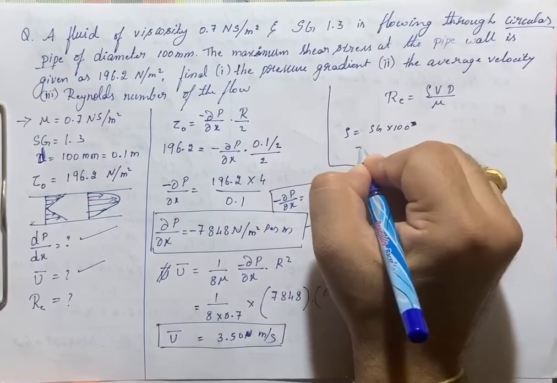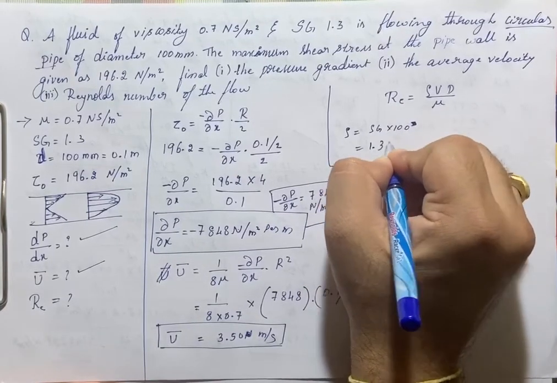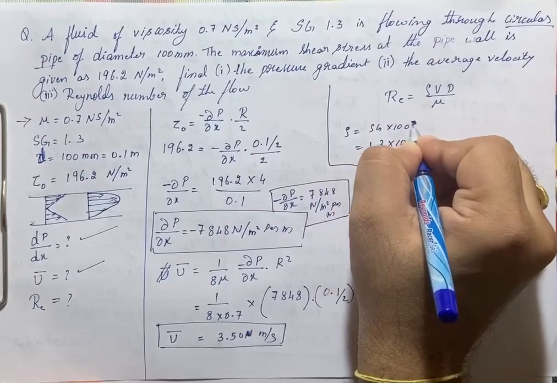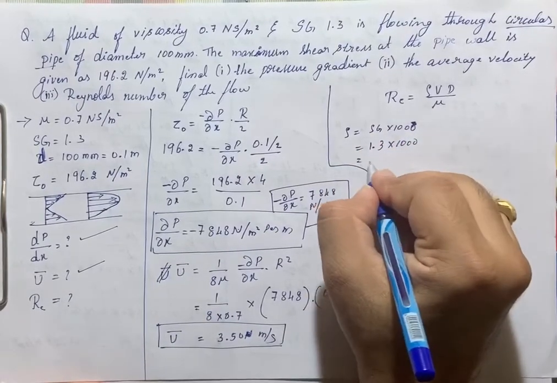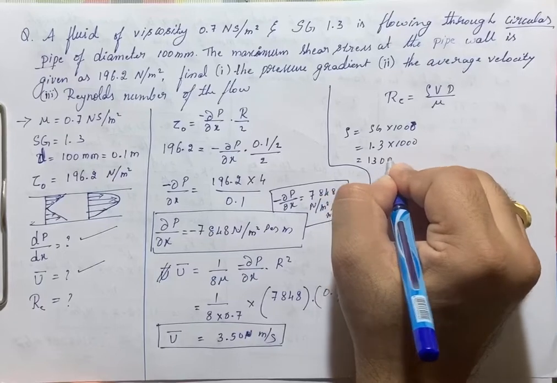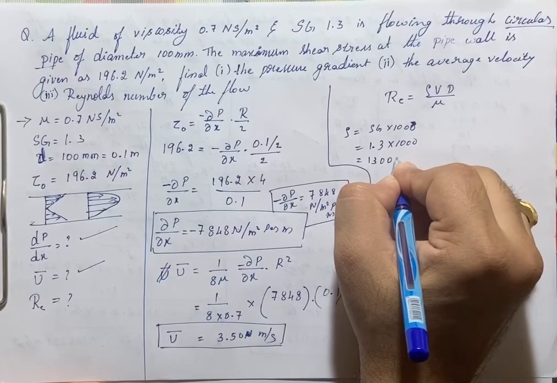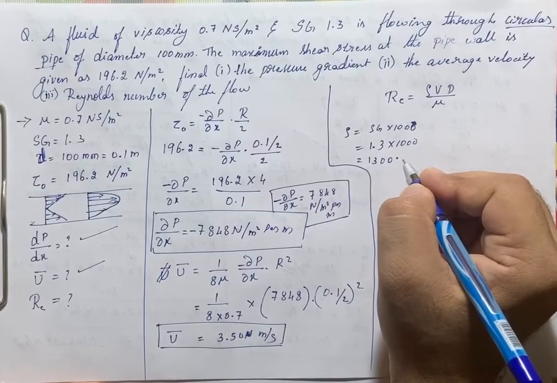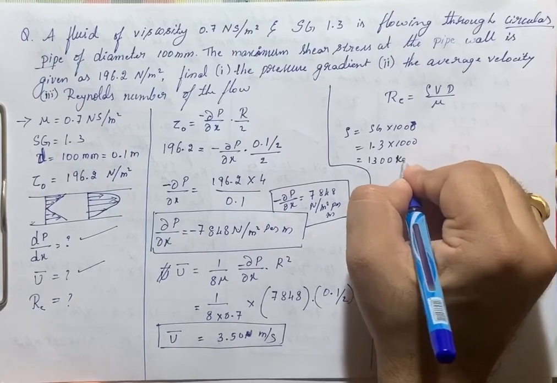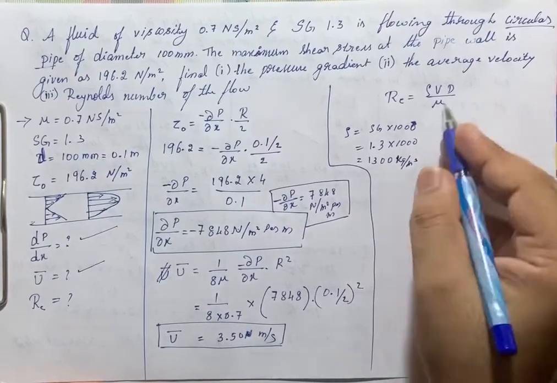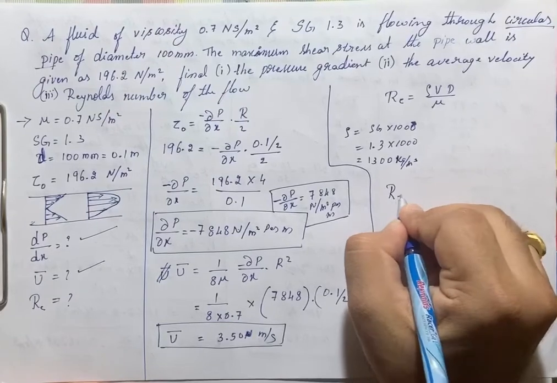We can find the density here: 1.3 into 1000, we'll get 1300 kg per meter cube, right?